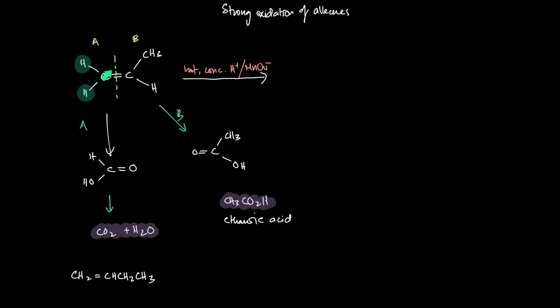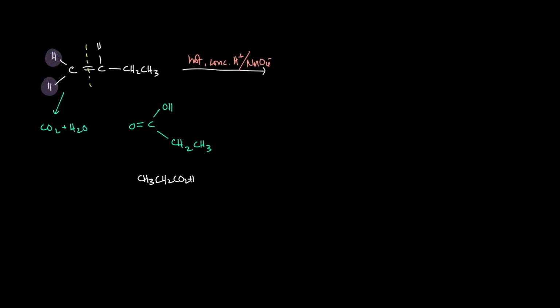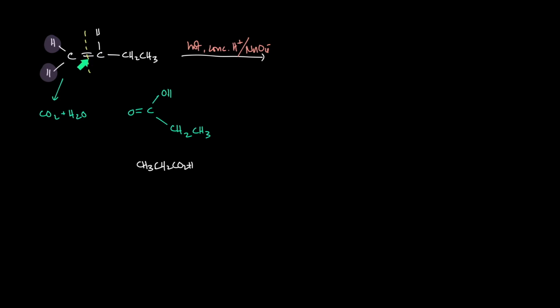One of the carbon atoms on the double bond you're rupturing has two hydrogen atoms. That carbon is essentially converted to carbon dioxide and water. The other carbon atom is bonded to one H and one CH3. Whenever you're bonded to just one H, you end up making a carboxylic acid. Same thing in this example. This carbon atom on the double bond is bonded to two hydrogen atoms, which end up making carbon dioxide and water, and this carbon atom is bonded to only one hydrogen, so you end up making propanoic acid.